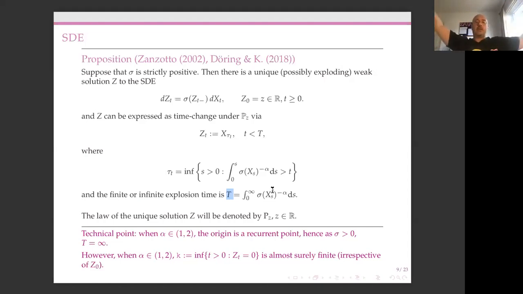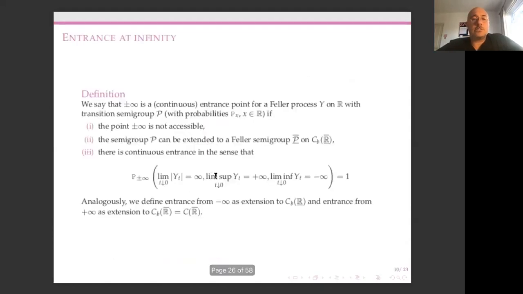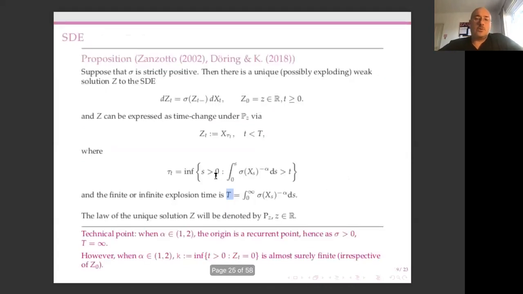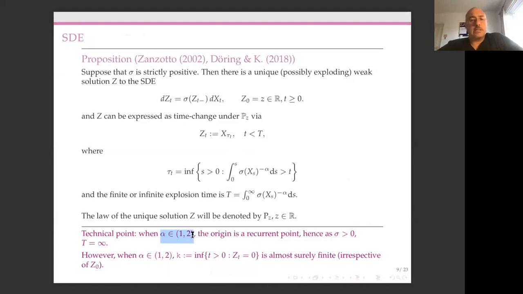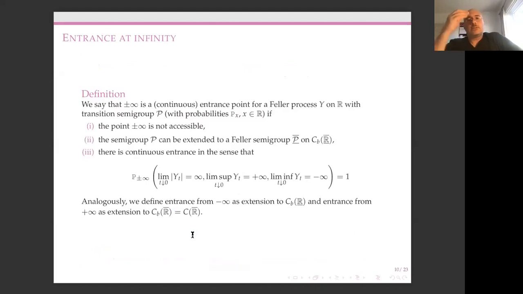It kind of evacuates all compact domains containing the origin, and then this thing will become finite and we get an explosion. So sometimes I'm going to talk about the SDE up to explosion, but actually I'm not sure I'm going to mention that again, because I'm going to work probably in this environment only in the near future, alpha between 1 and 2.